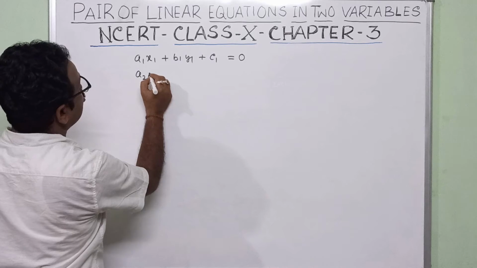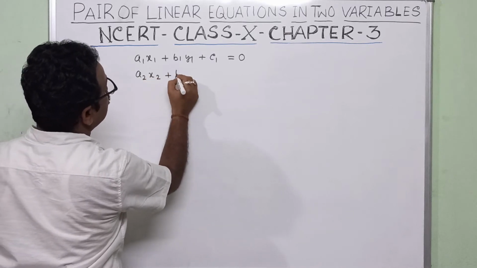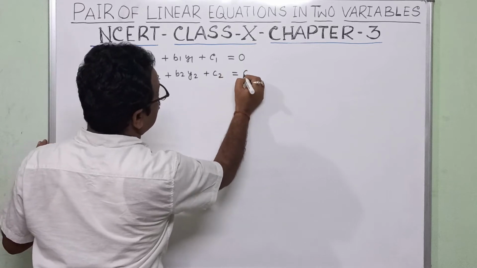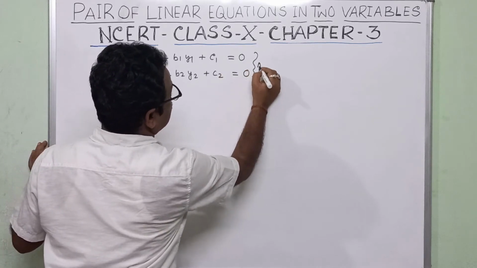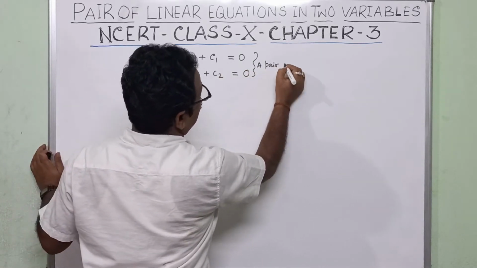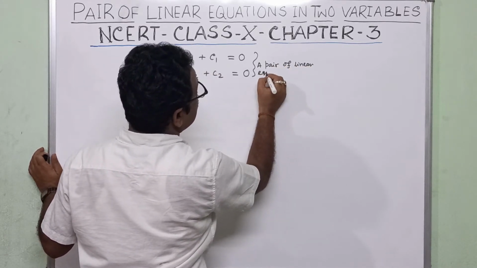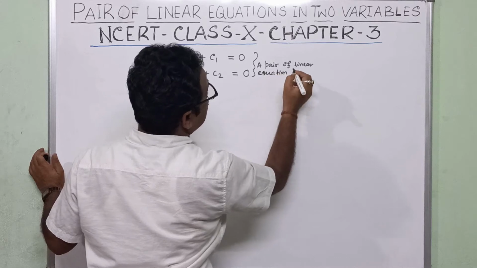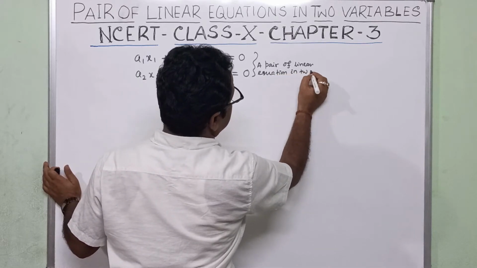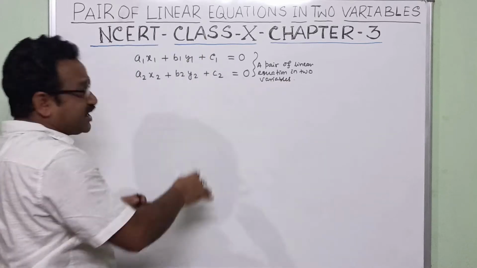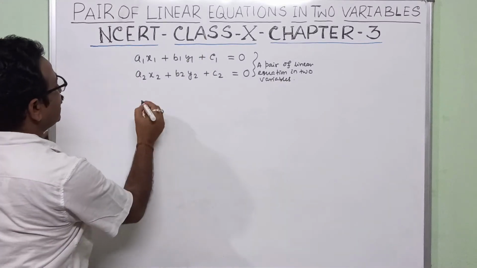Now a2x + b2y + c2 = 0. A pair of linear equations in two variables in general form.